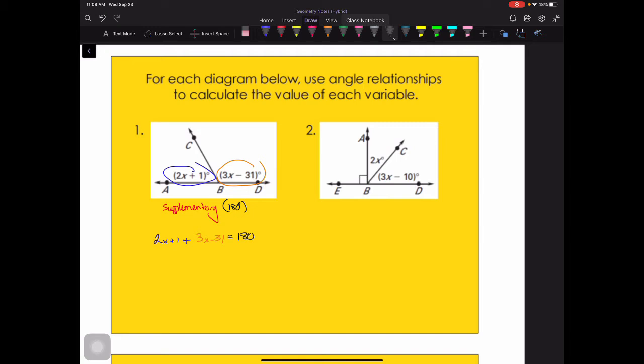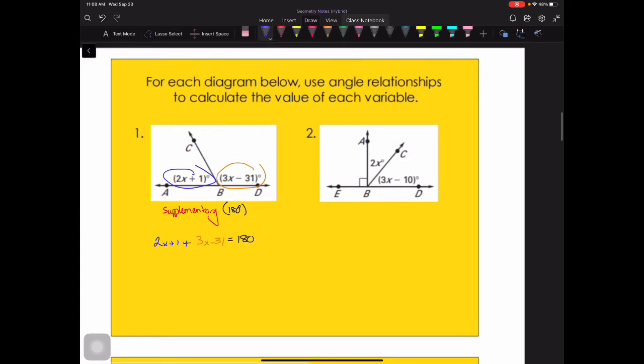Using the magic of algebra, we can combine like terms. So 2x and 3x is 5x. 1 minus 31 is negative 30. Together, we get 180. Add 30 to both sides. So 5x equals 210. Divide both sides by 5.